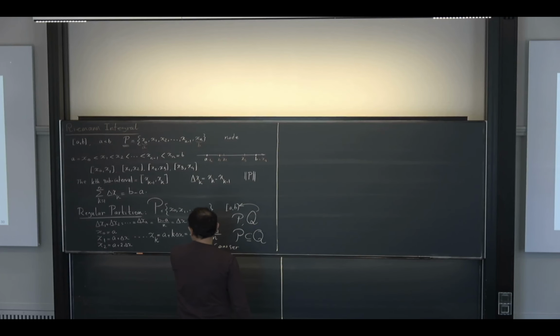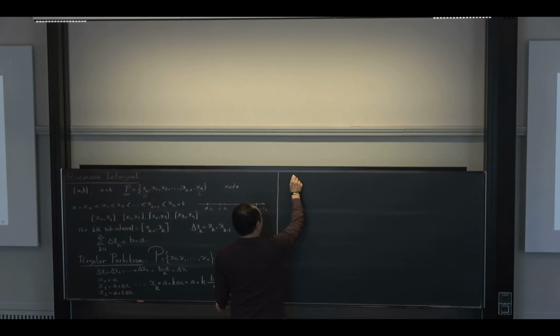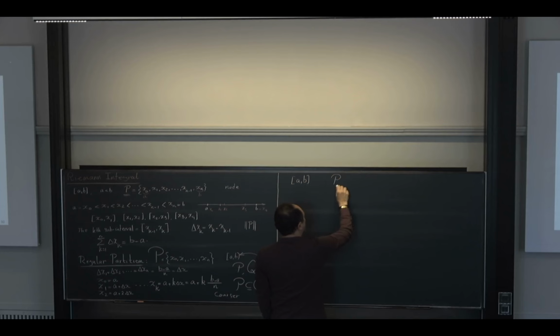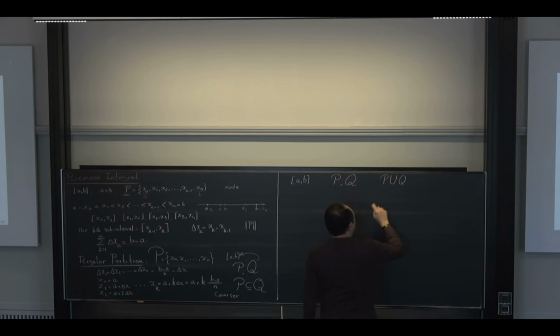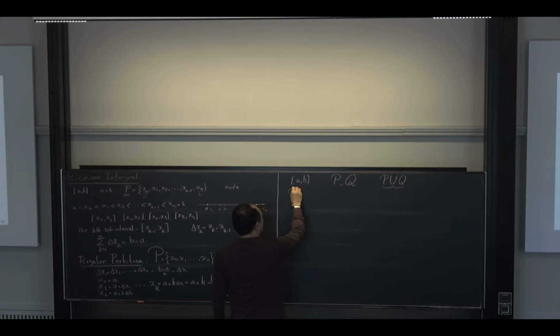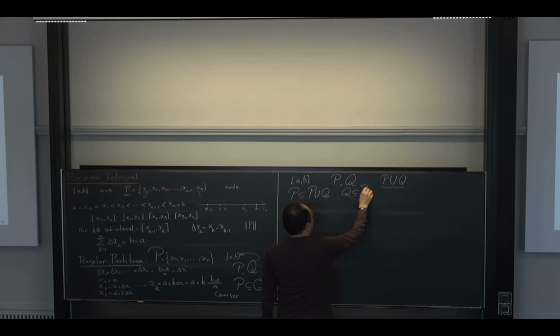It means that if you are working with this interval and you have two partitions, one of them P, the other one Q, and you union them, this is called a common refinement because it is very clear that this one is a subset of this one, and also this one is a subset of that one. So both of them are true.